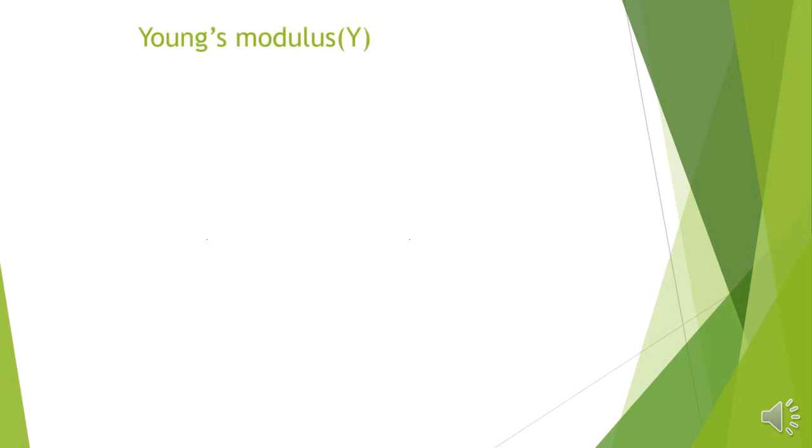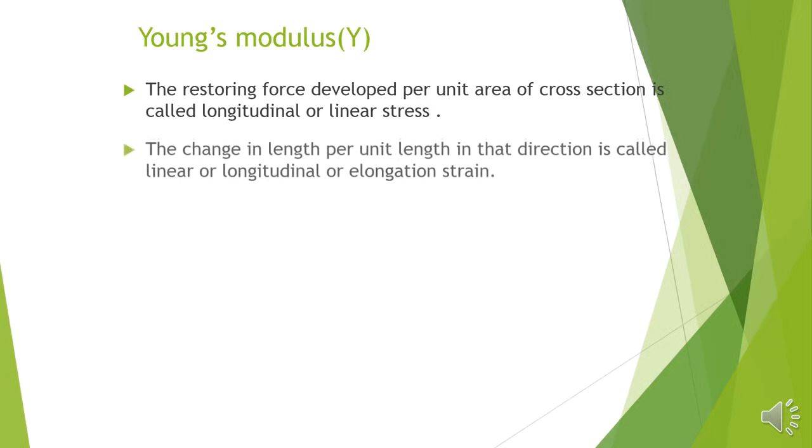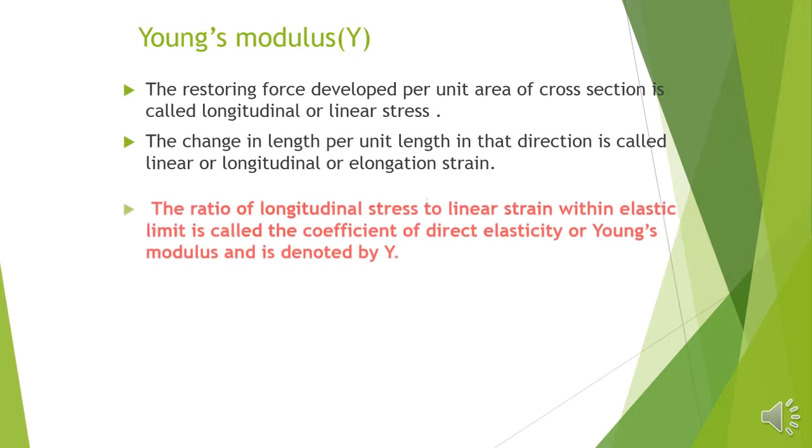Young's modulus, we denote it by the letter capital Y. So we know that the restoring force developed per unit area of cross section is called longitudinal stress or linear stress. Also, the change in the length per unit length in that direction is called longitudinal strain or linear strain or also known as elongation strain.